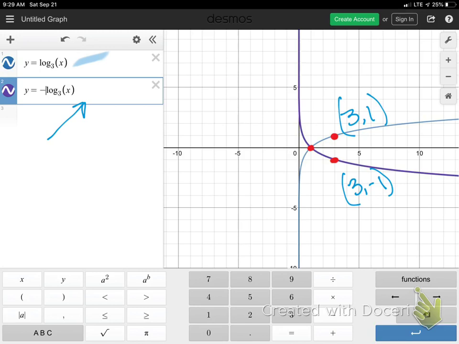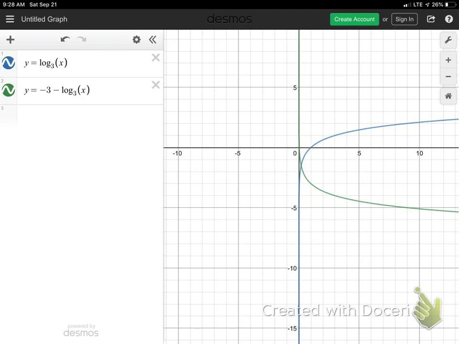Okay? So let's look at our movement here. So the blue graph is our original parent function. And so here is our intercept right there. And here is the point 3, 1. So what we've done is we've got 2 things happening here.